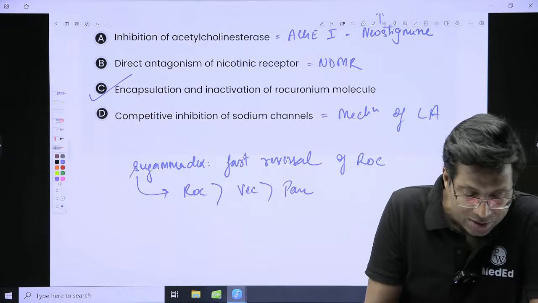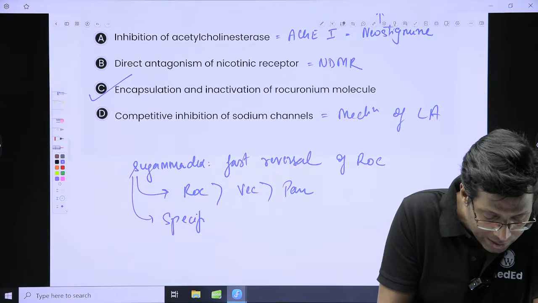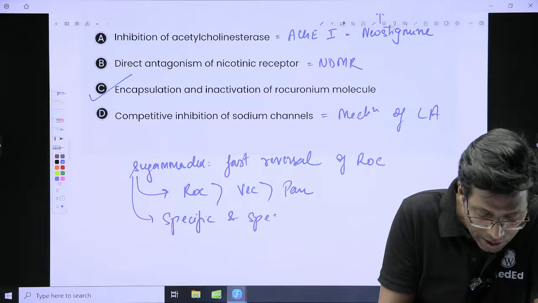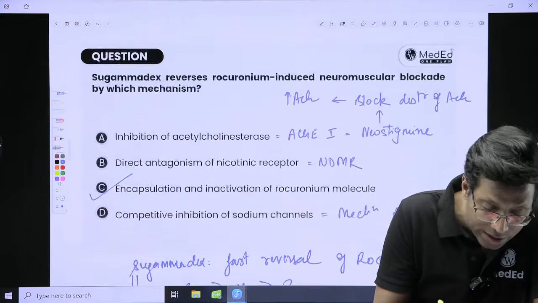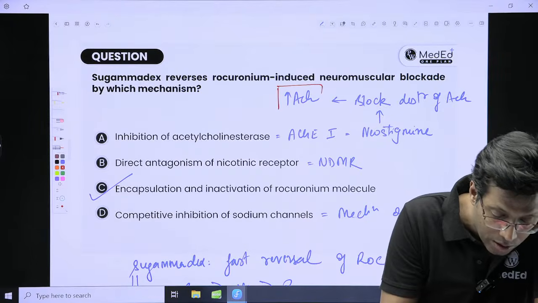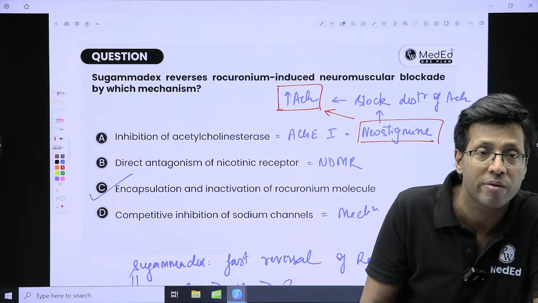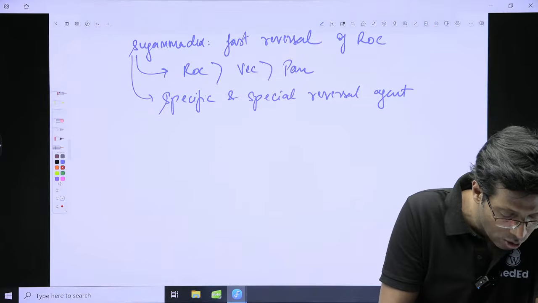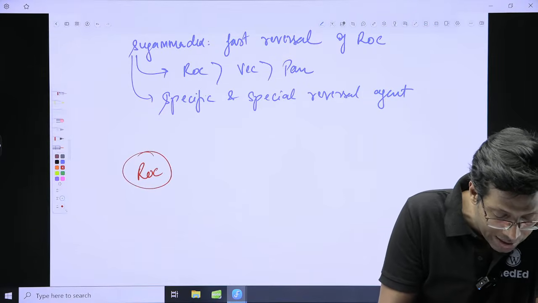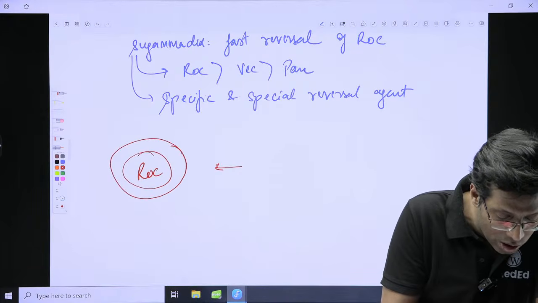It is a specific and special reversal agent. The advantage is that it is not increasing acetylcholine. When you give neostigmine to a patient, the problem is that it increases acetylcholine everywhere in the body. But when you give Sugammadex, if this is a rocuronium molecule, Sugammadex will go and encapsulate it. This is Sugammadex.